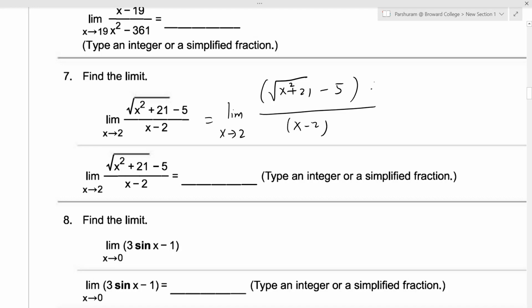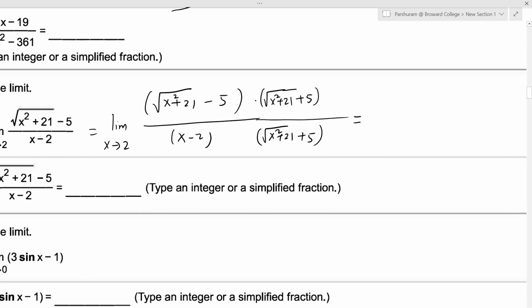I can multiply the top part and the bottom part by the conjugate of this term, which is square root of x squared plus 21 plus 5. By doing that, on the top part, it's like a minus b times a plus b. For that, I can write a squared minus b squared.